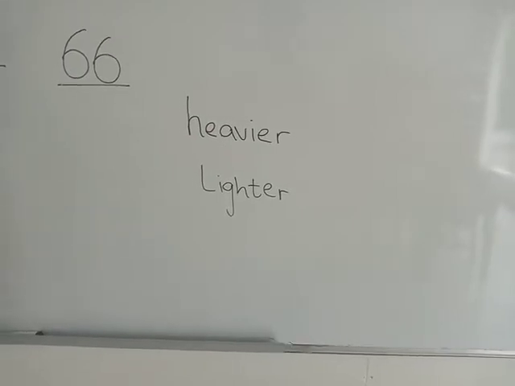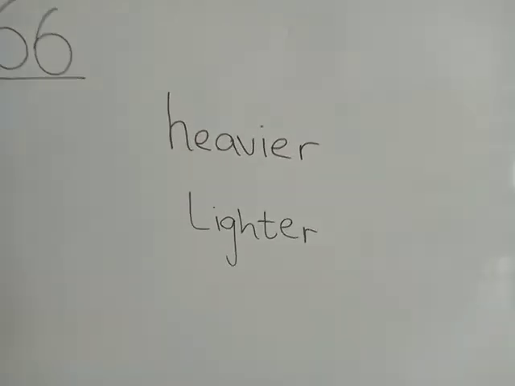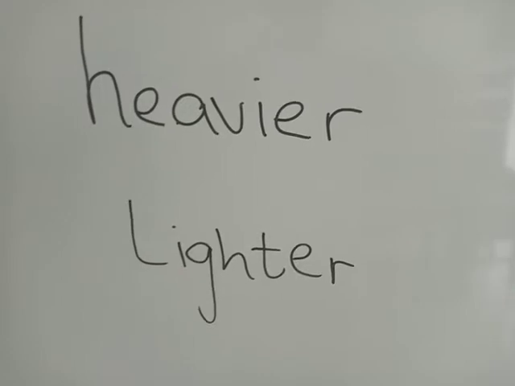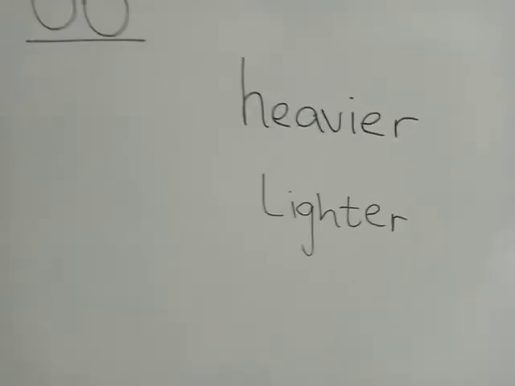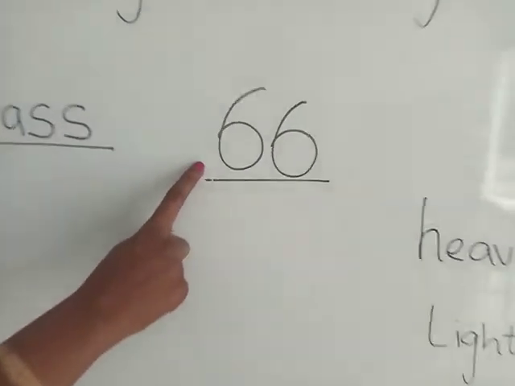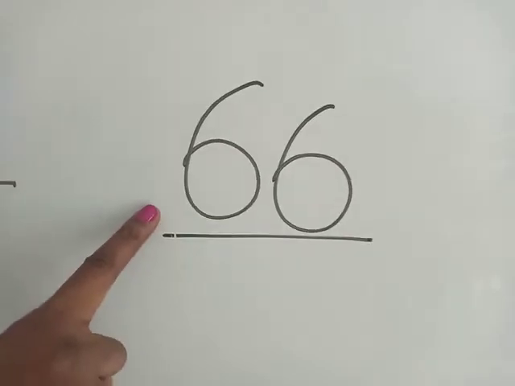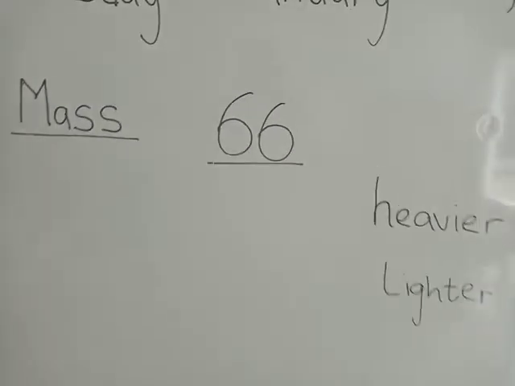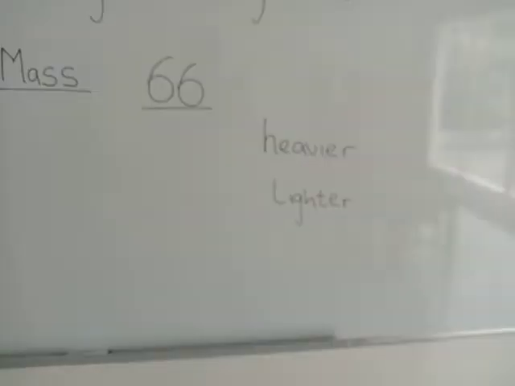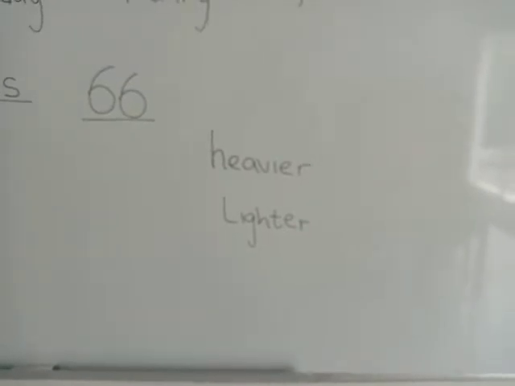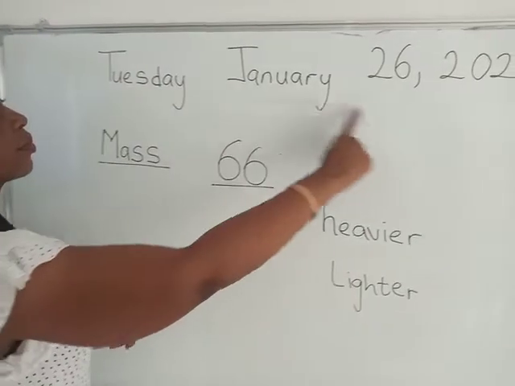Alright, for us to get more insights on this topic, I would like you to open your book to page 66. Page 66 in the blue pages of your workbook. And when you're there, we write the date.